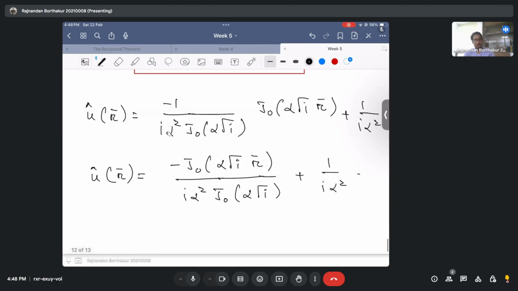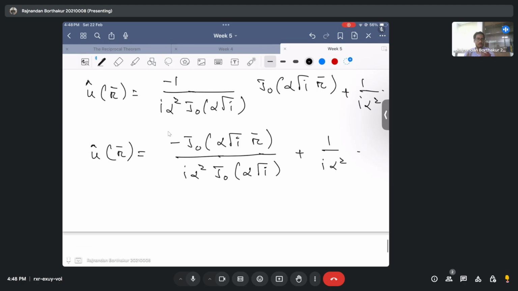So the total solution now is, so that is u hat, but we need uz of r bar, t bar. So your uz bar of r bar, t bar is, if you remember, just the real part of u hat of r bar times e power i t bar.